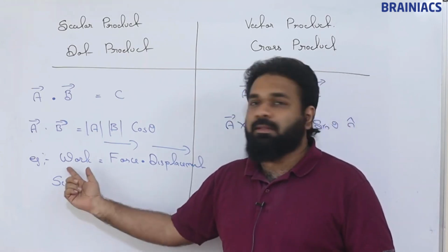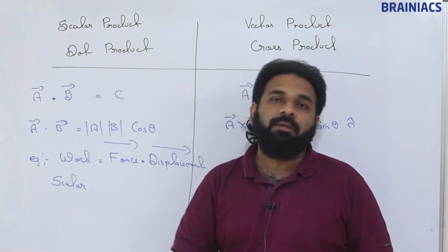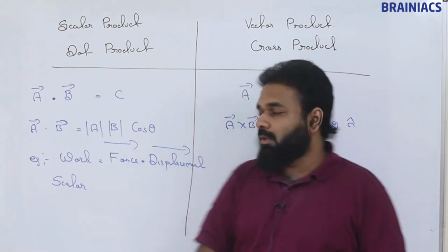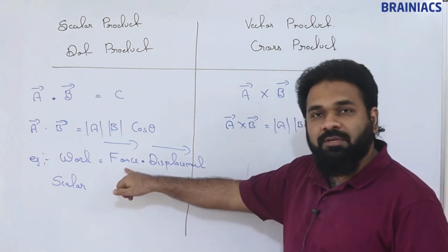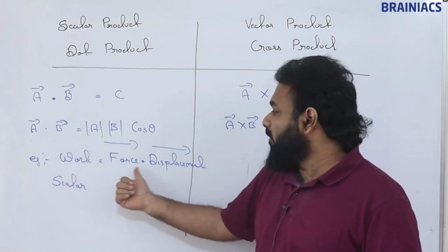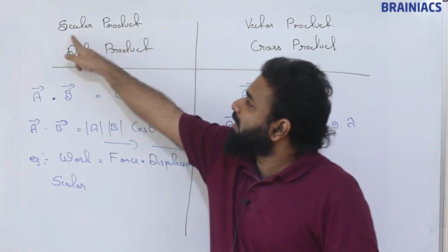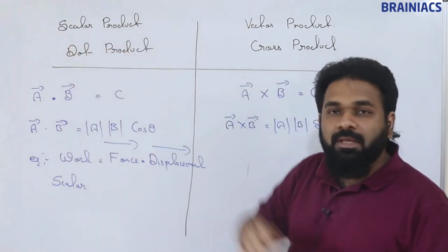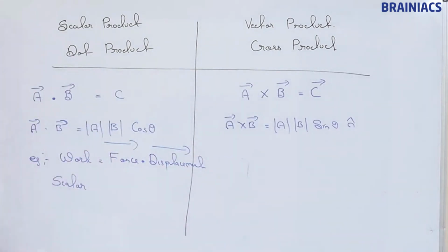Work is the force dot product with the displacement. So force is a vector, displacement is a vector, work is a scalar. We are doing dot product here. The result will be what? Scalar. The result will be scalar. Okay, say how to operate this.